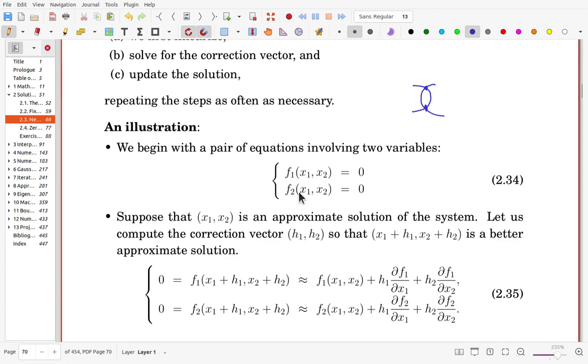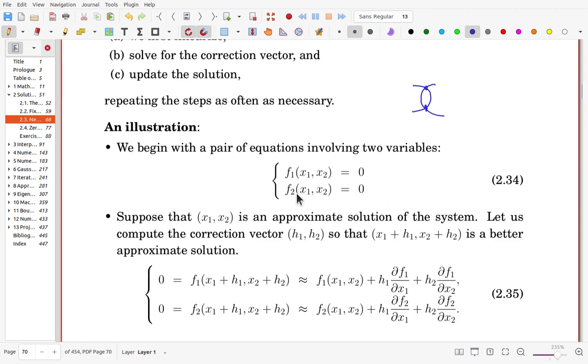If the number of equations is the same as the number of variables, then even though the solution is not unique, the number of solutions will be finite.